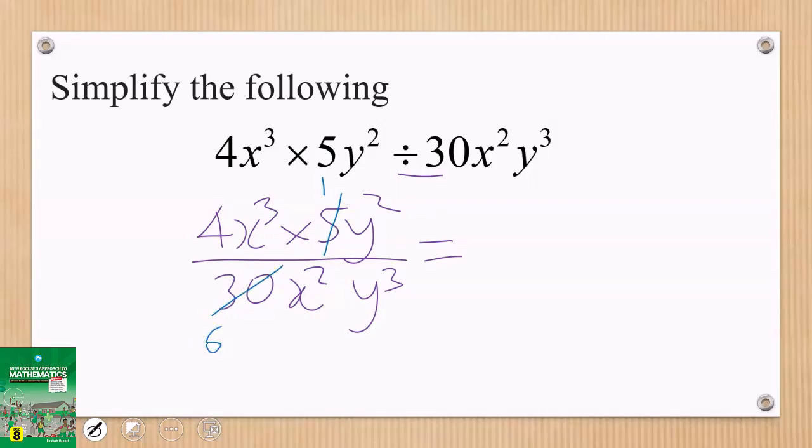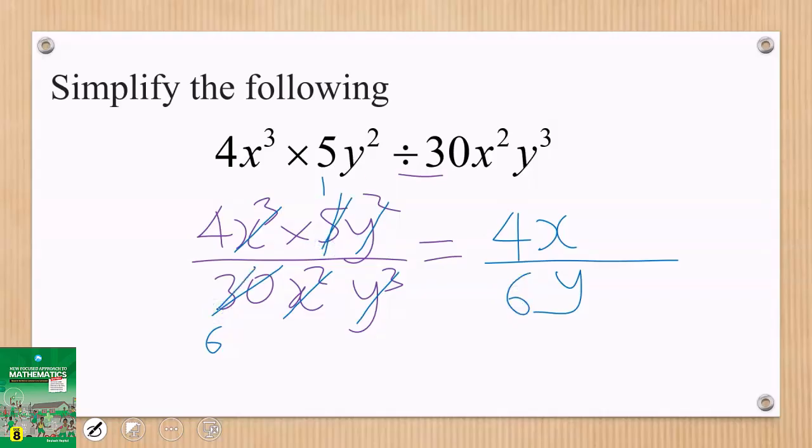Is that okay? Good. Then I can write the number up there as 4. Now look at s cubed on top and s squared below: I'll be left with s at the top. Then y squared on top and y cubed below: I'll be left with y down here. Remember again that we have 6 down here, because we divide 5 by itself as 1 and 5 divides 30 as 6.